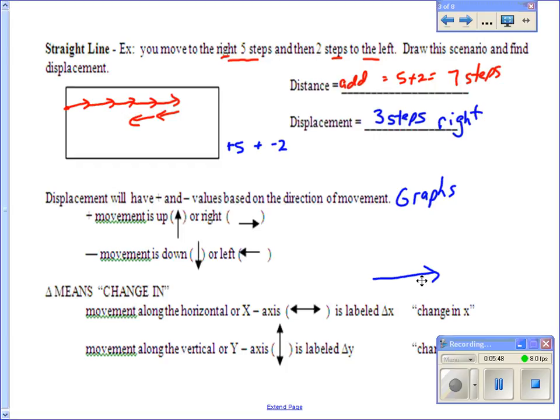If we're moving left and right, then any change in where we start and where we end up along the x-axis will be called delta x, or change in x. And if it's in the y direction, up and down, if we're at the top floor and we fall all the way down to the ground, that change would be the change in y. Since we're going down, it would be a negative. So that's why we have positives and negatives.